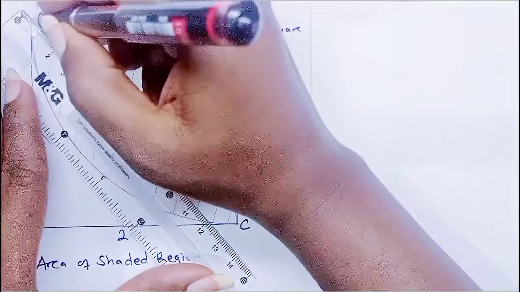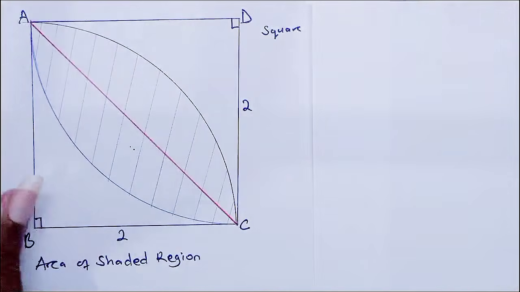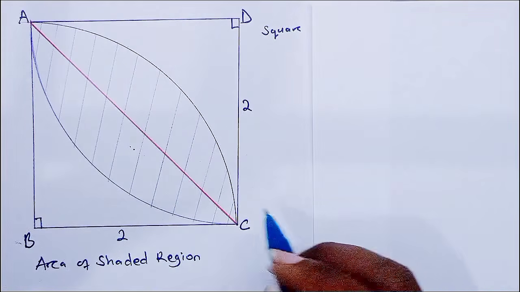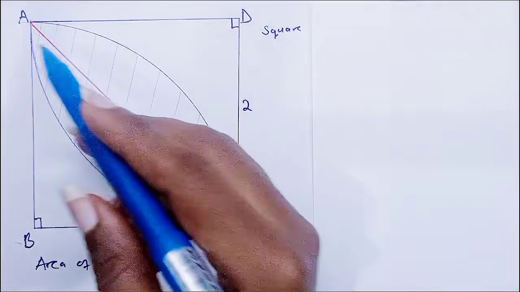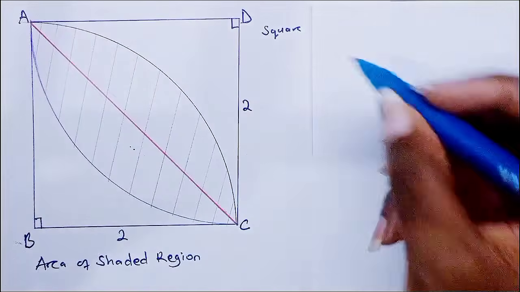So, just like that. So now we're going to consider 3 figures formed out of this. The first one is this one here, separated by this line.